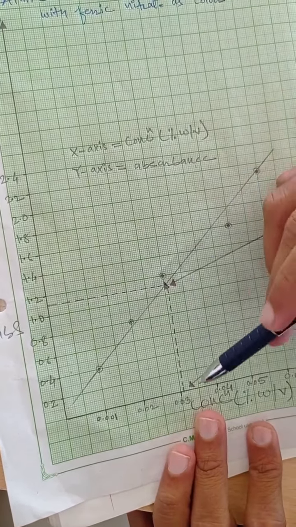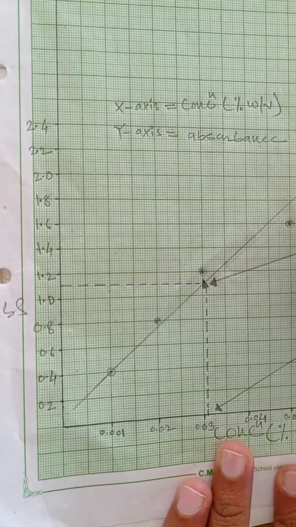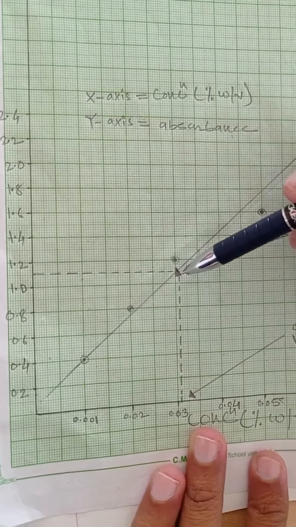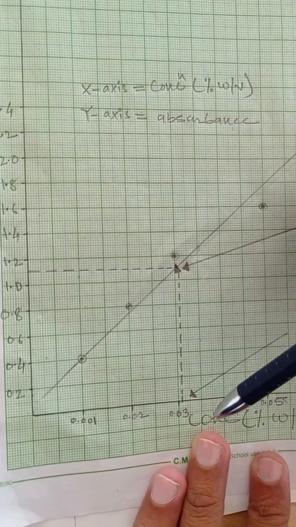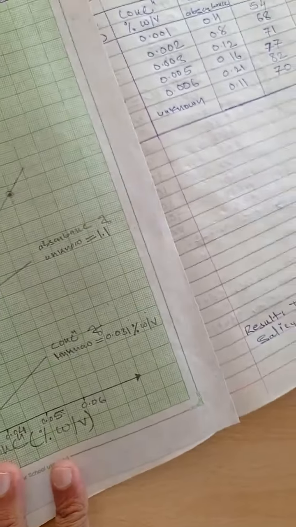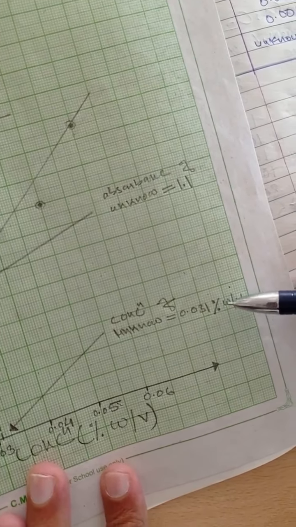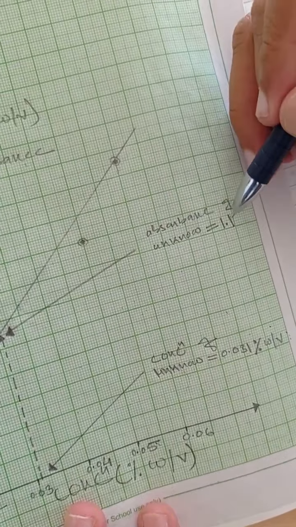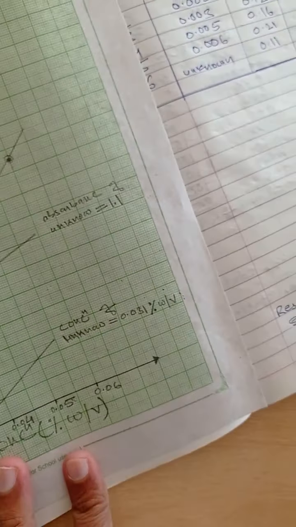This is the point through which we have calculated the concentration of the unknown solution. By extrapolating this point on the x-axis concentration scale, we got the unknown concentration as 0.0031% weight by volume, with an absorbance of the unknown of 0.11. This is the result.